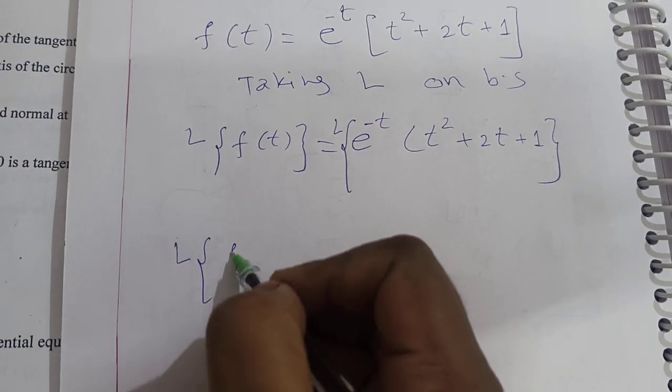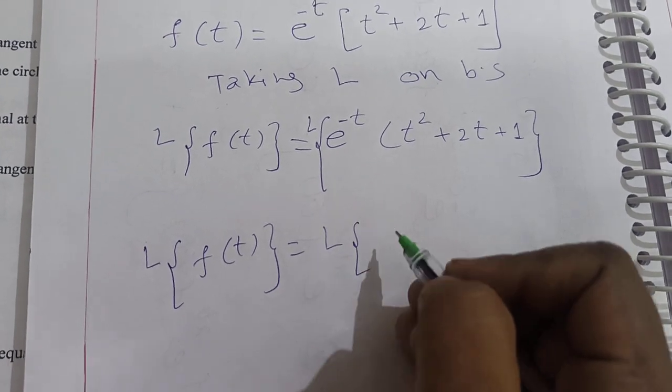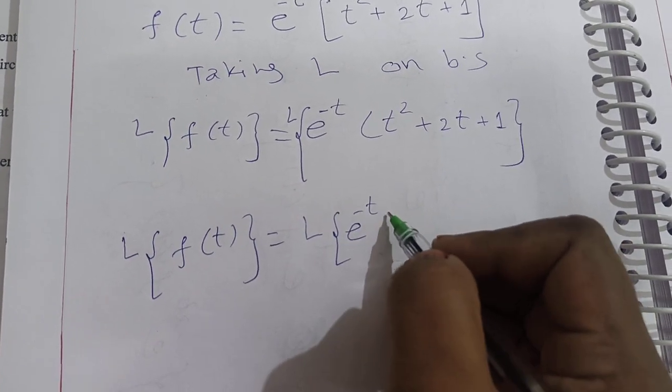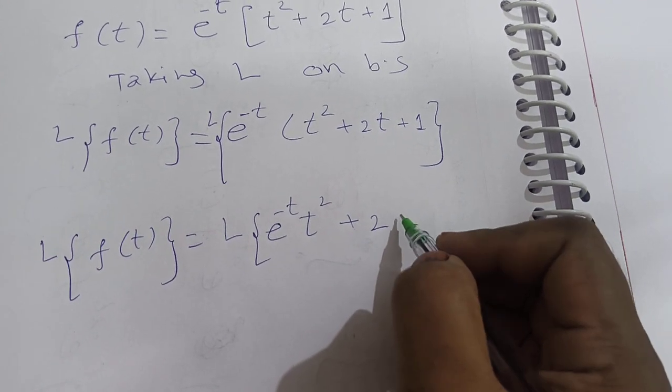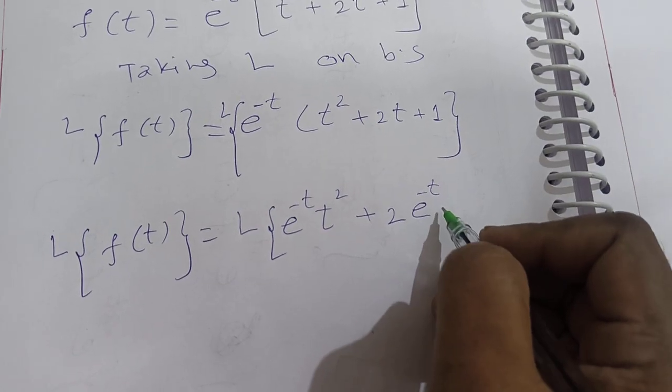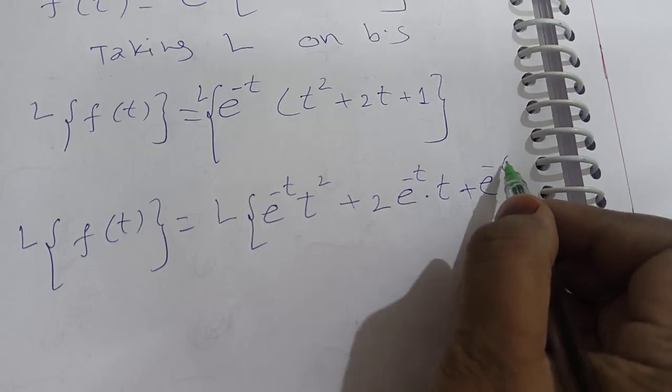L of f of t is equal to L of e power of minus t into t square plus 2 e power of minus t into t plus e power of minus t.